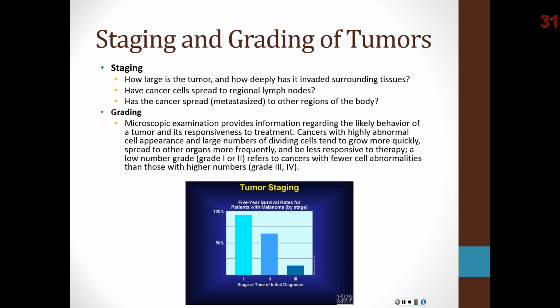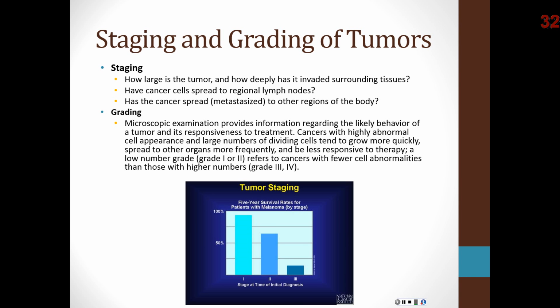So if it is a 3 or 4, it is starting to look very different, and so it's going to be more difficult to treat. The higher the number, the more abnormal, the less likely to respond to treatment. Right? So cancers that look very abnormal, they tend to grow very rapidly, producing chemicals, metastasizing very quickly.